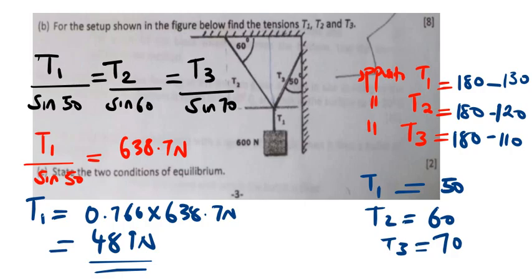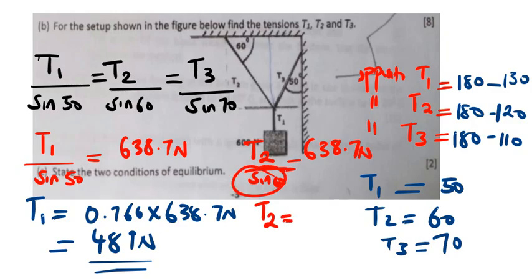We found that. What about our T2? T2 over sine 60 equals the one we found, 638.7 newtons. So T2 equals sine 60 multiplied by 638.7.